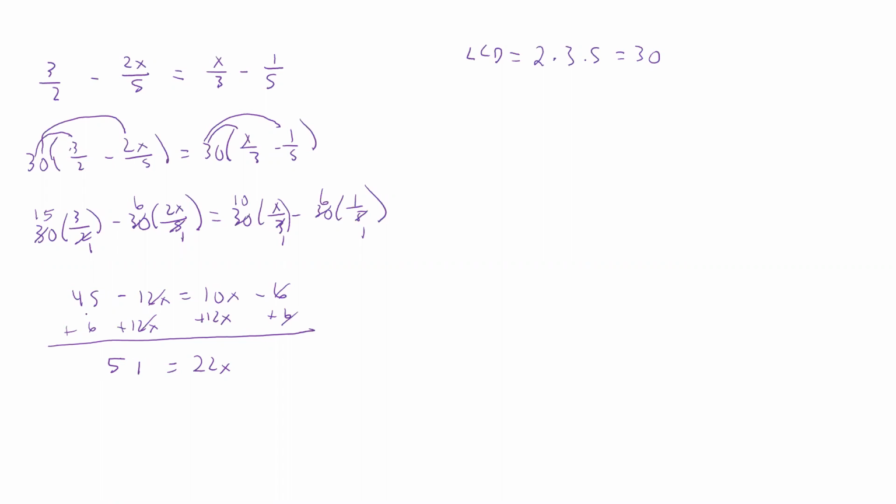All right, so now when I divide by 22, x then is 51 over 22, and that then is my answer to this equation. Now I could go ahead and plug it all back in, and when I do, that will check out. Again, when you're doing these, you always want to go back in and check, but that takes time, and all I want to do is show you how to get to that actual final number there.